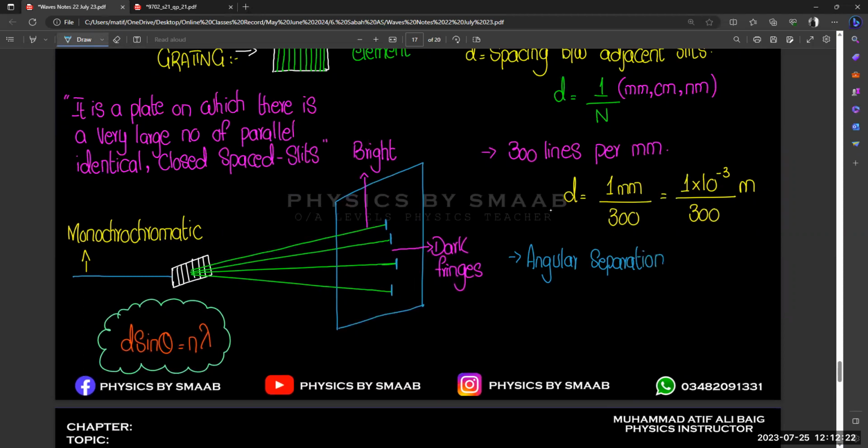Angular separation means the angle between two bright fringes, or the angle of any bright fringe from the center.